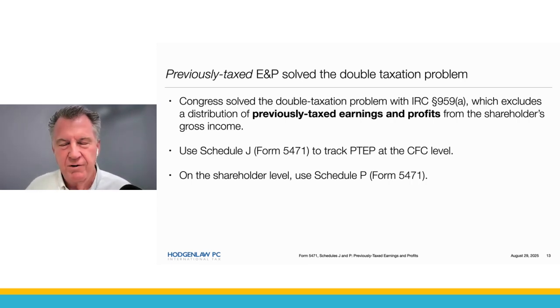You can look at every code section. You can see either this is a core code section that does something, or this is a code section that was installed because either the taxpayers gamed the system and the government didn't like it, or the government realized they made a boo-boo and they had to fix it. And so 951B is just, oh, we made a boo-boo the first time around.